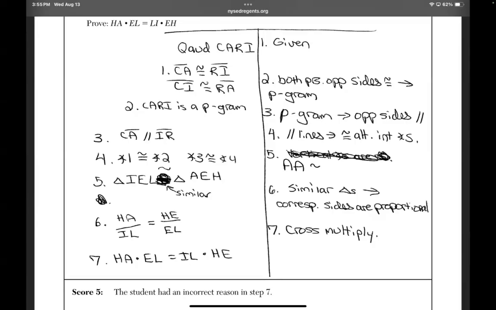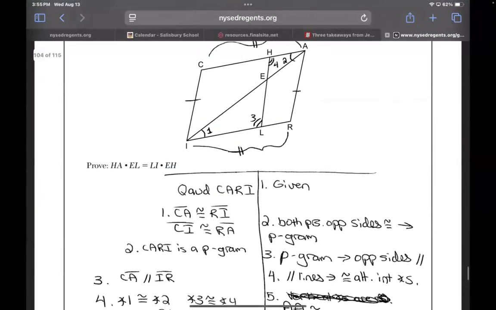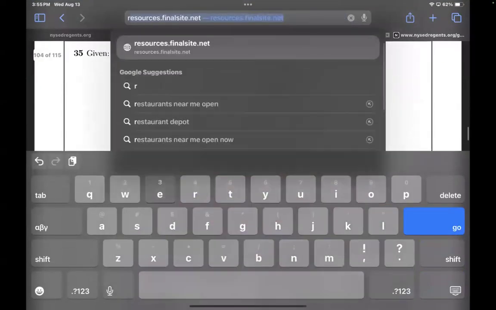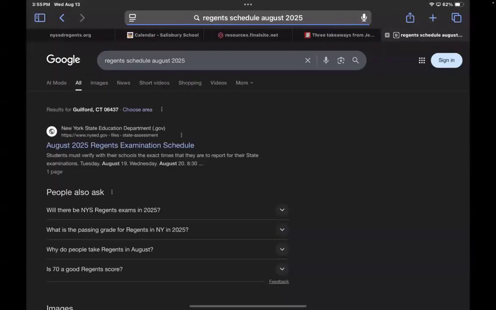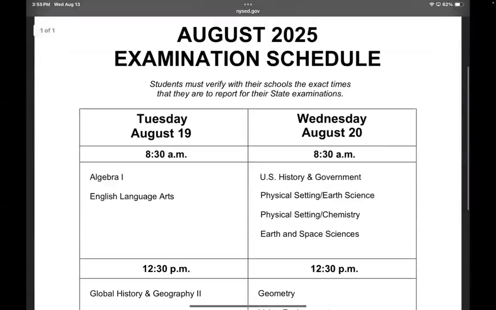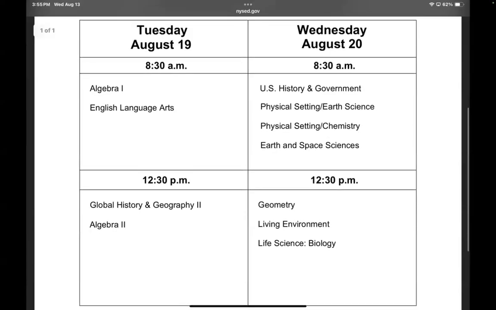So anyway, we have 5 minutes remaining. Are there any last minute questions you have about next week? When is the Regents exam? Let's see. 12:30 on Wednesday.